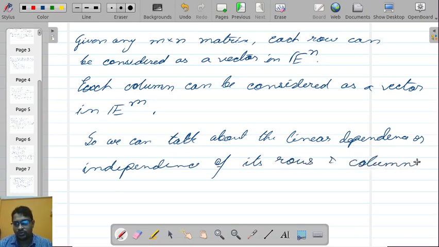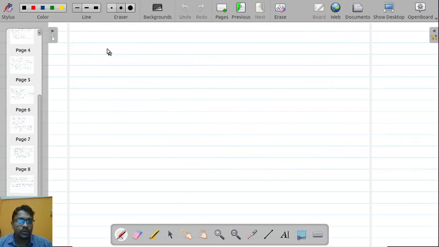We can ask whether the columns are linearly independent or not, whether the rows are linearly independent or not. So we can always ask that. That will be required when we do basic feasible solutions or basic solutions of a system of linear equations. So what can you say about the columns of this matrix?